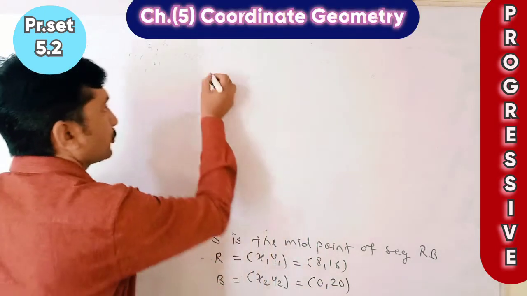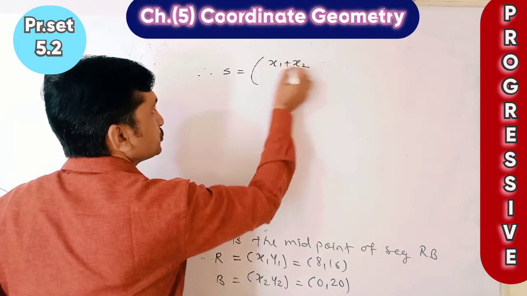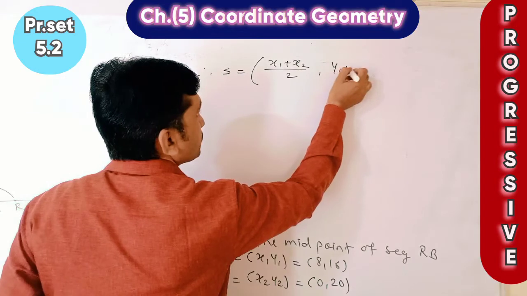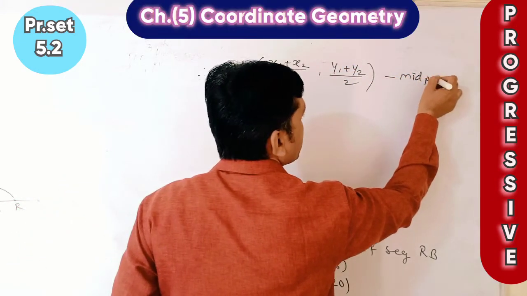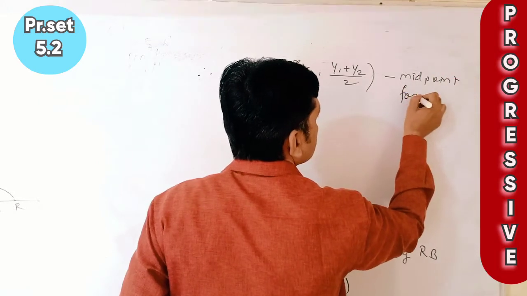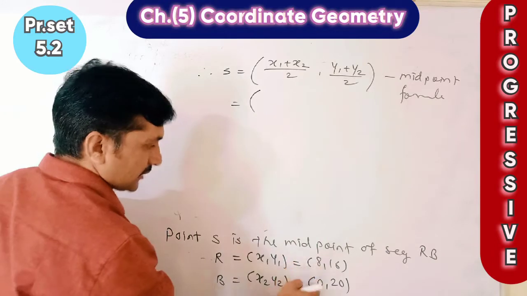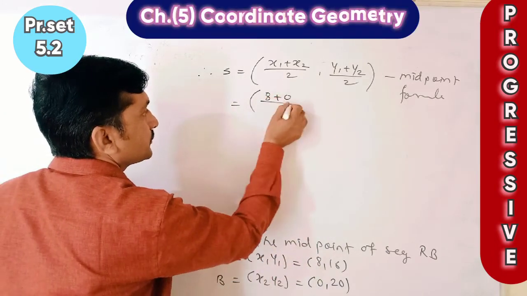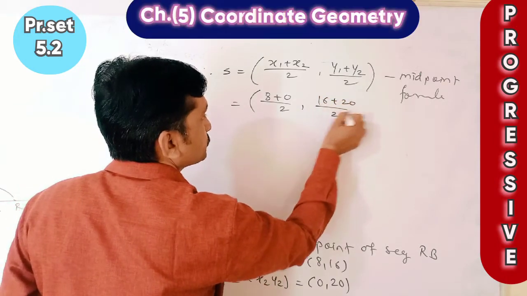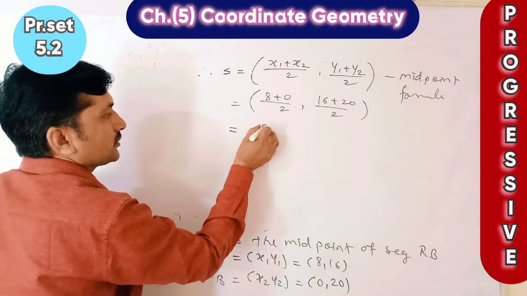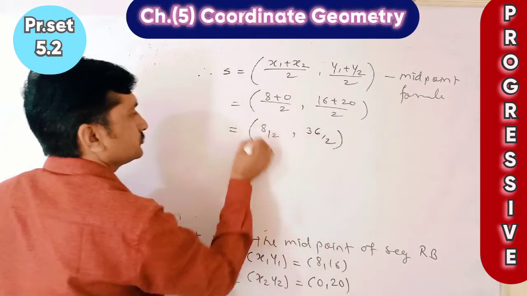Now point S we want, therefore S is equal to (x1 + x2) upon 2, (y1 + y2) upon 2 by the midpoint formula. Now (8 + 0) upon 2, (16 + 20) upon 2, 8 upon 2, 36 upon 2.